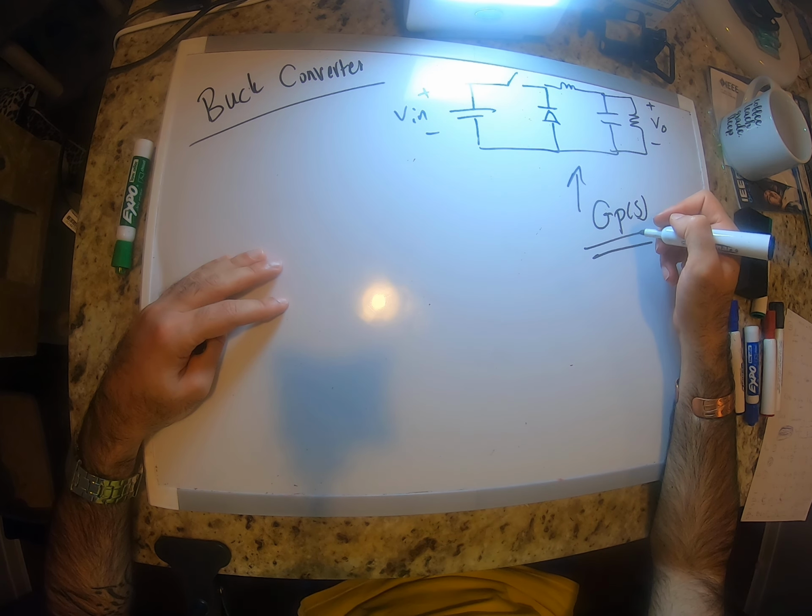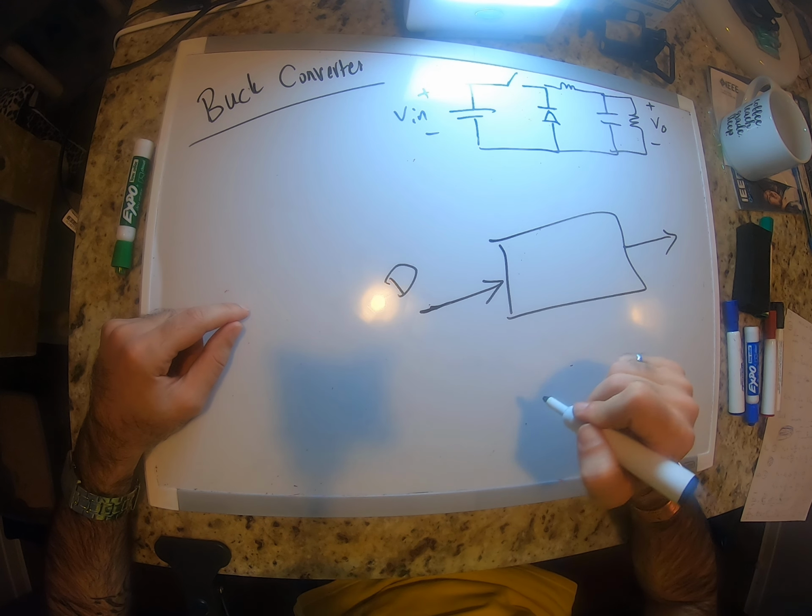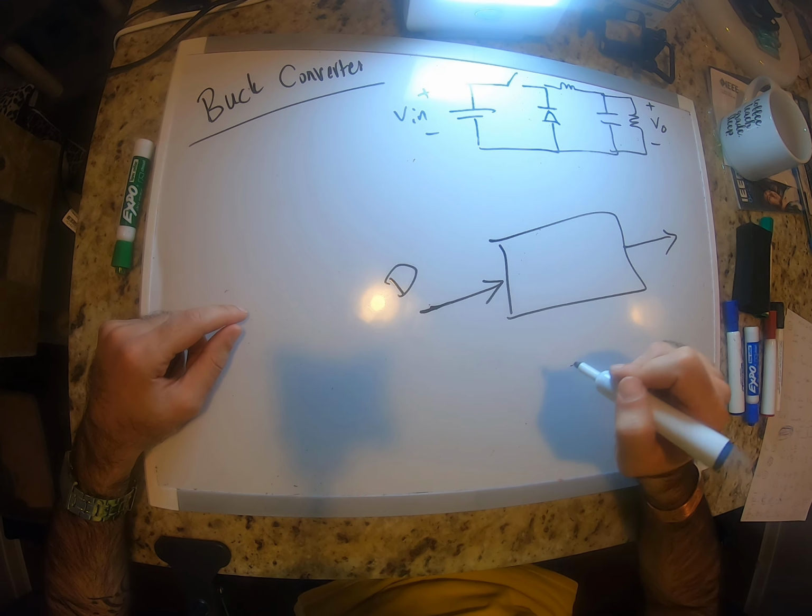So we want to model this as a system that takes an input and gives us an output. First of all, we have to decide what our input is. We already said that we want our D, the duty cycle of the switch, to be our input, and we want our output to be the output voltage.